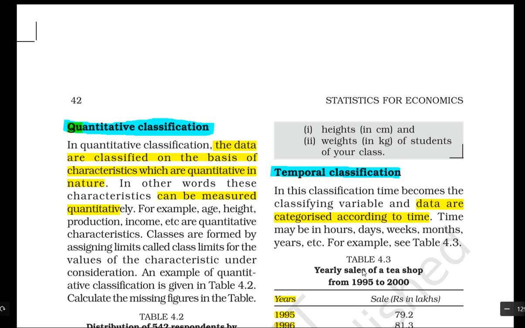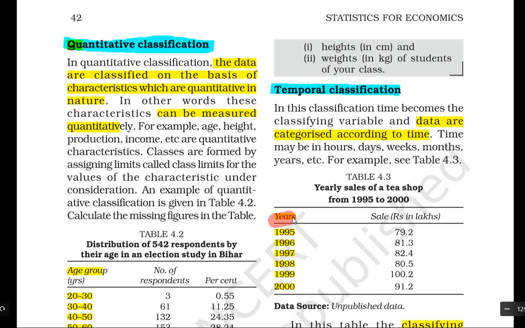For example, in table 4.3, yearly sales of the tea shop from 1995 to 2000 is given. So here years are given. Don't be confused that the years are numbers and that's why it is quantitative. Actually this number does not show a value, it shows only the year when the sales were performed. So this shows only the time.